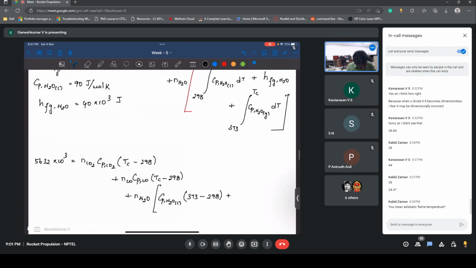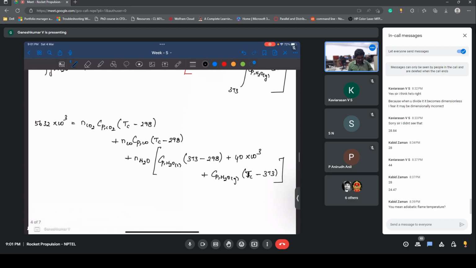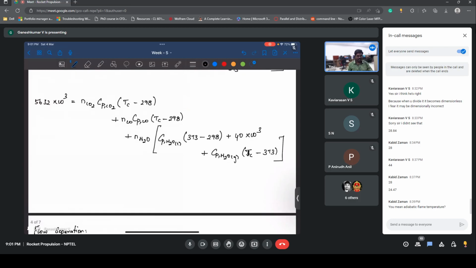And then plus h of g, which is nothing but 40 into 10 power 3, plus Cp of H2O gas times Tc minus 373. From 373 you are raising it to Tc. Now the only unknown is Tc, so you will find Tc.